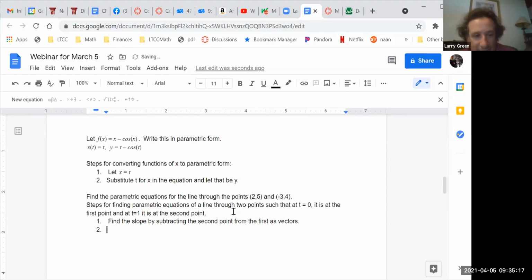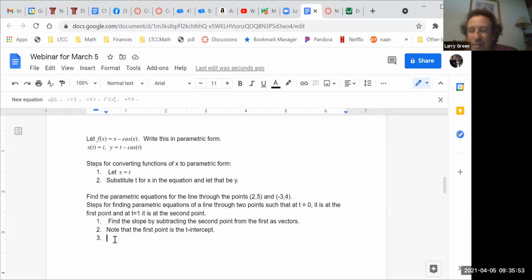Okay, and step 2 is the first point, or maybe note, the first point is the y-intercept, or the t-intercept. Step 3, so when you think about an equation of a line, you're used to y equals mx plus b.